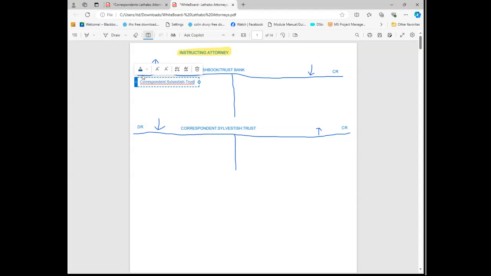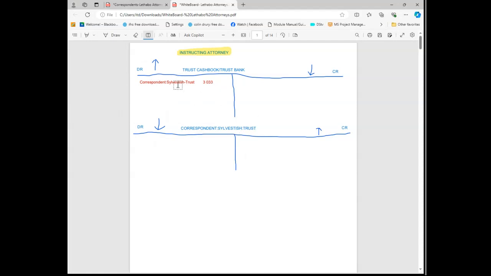In brackets you can write any other information. And then how much is it? 3,033 like that. So it means you received money from the correspondent.